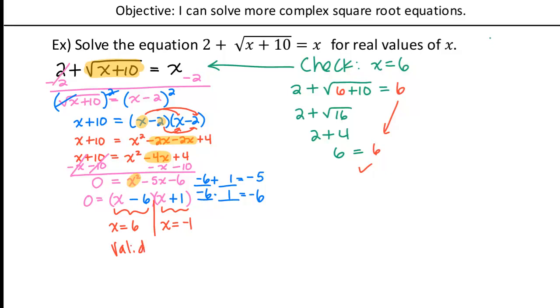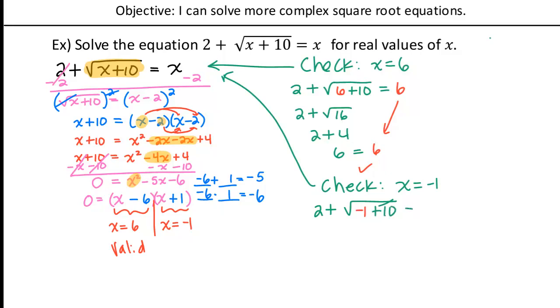Now let's check the -1. Check x equals -1. Well, it's the same thing. We're going to plug it in to the original equation. We have the 2 plus the square root of, my x is -1 this time, plus 10 equals my x value, which is -1.